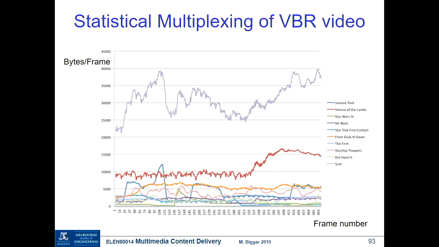If we look at a number of traces for the variation in bitrate along a certain number of frames for a number of different movies, you can see that if I take the extreme example, maybe this blue trace, what is it, Star Trek First Contact, or the dark green one, which is Star Wars 4, there are very large variations in bitrate if you think of it in terms of a percentage. So maybe on the dark blue one, it's Jurassic Park again. Anyway, so it's these.